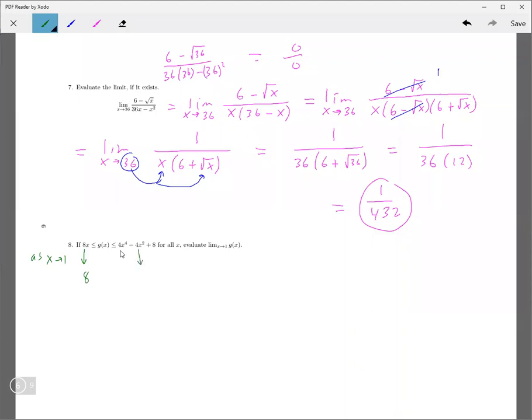And this one, as x goes to 1, you get 4, except you're plugging a 1 here and a 1 there. So that's 4 minus 4 plus 8. That's also going to be 8. So those both go to 8, which means this has to go to 8 as well.